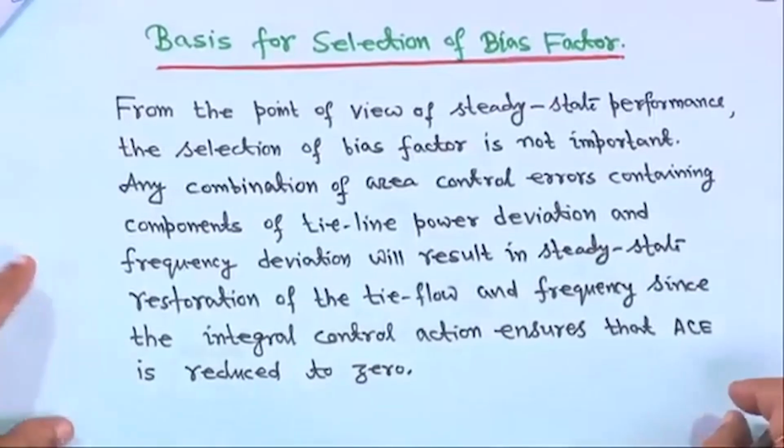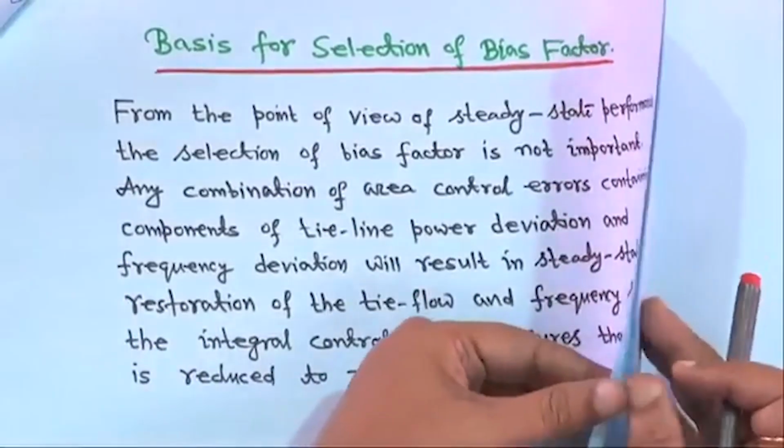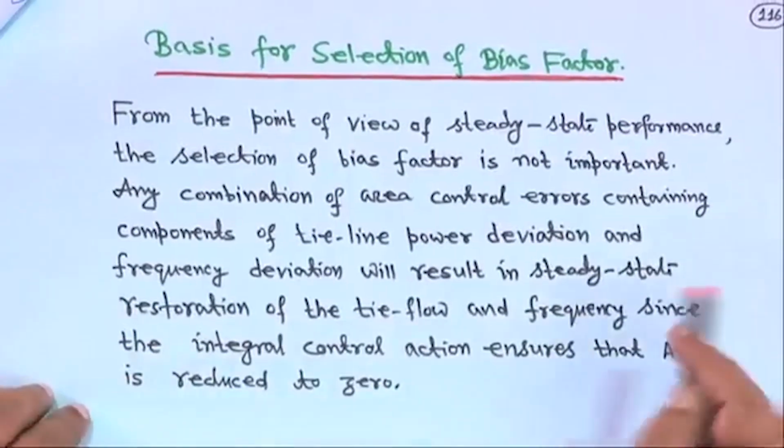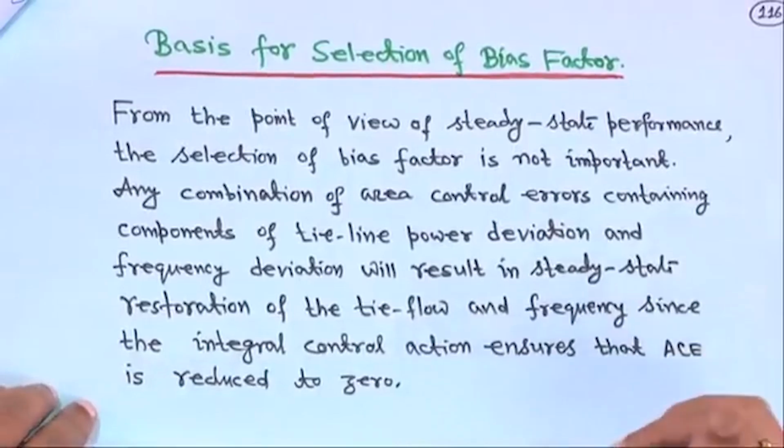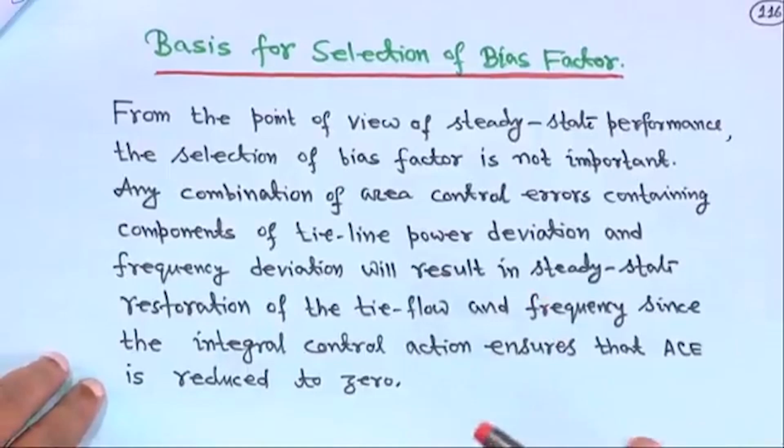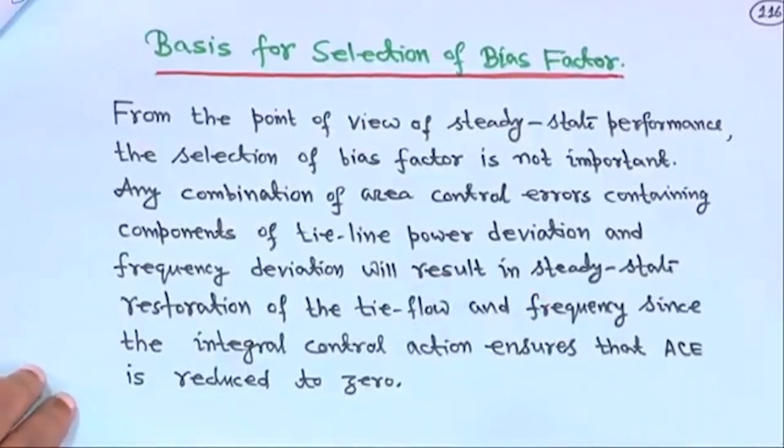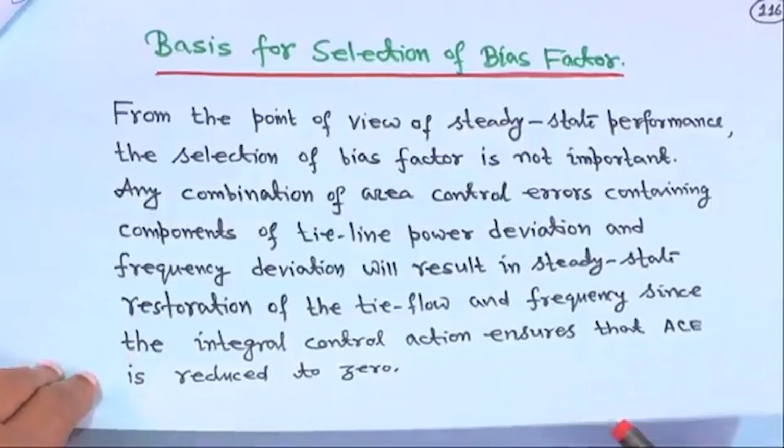This will happen for any integral control action, but there should be some reason for selecting the frequency bias characteristic. Generally B equal to beta is the recommended value.